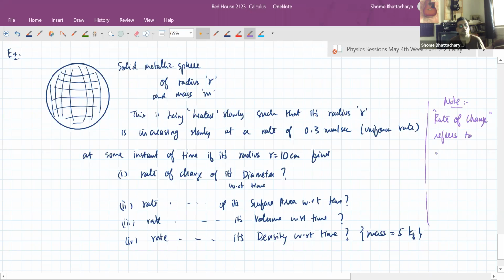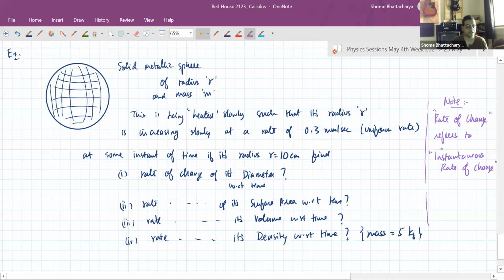For example, if I say rate of change of x with time, what I mean is dx by dt.